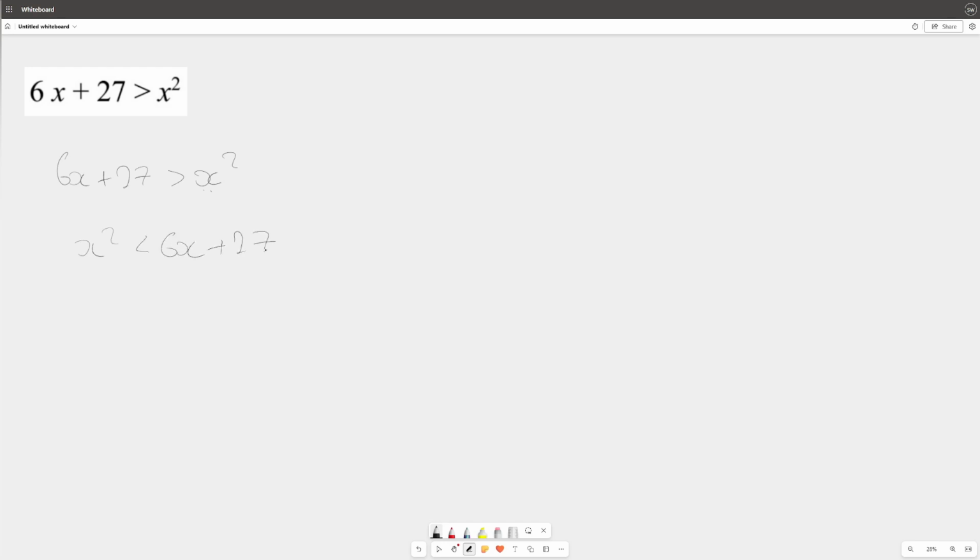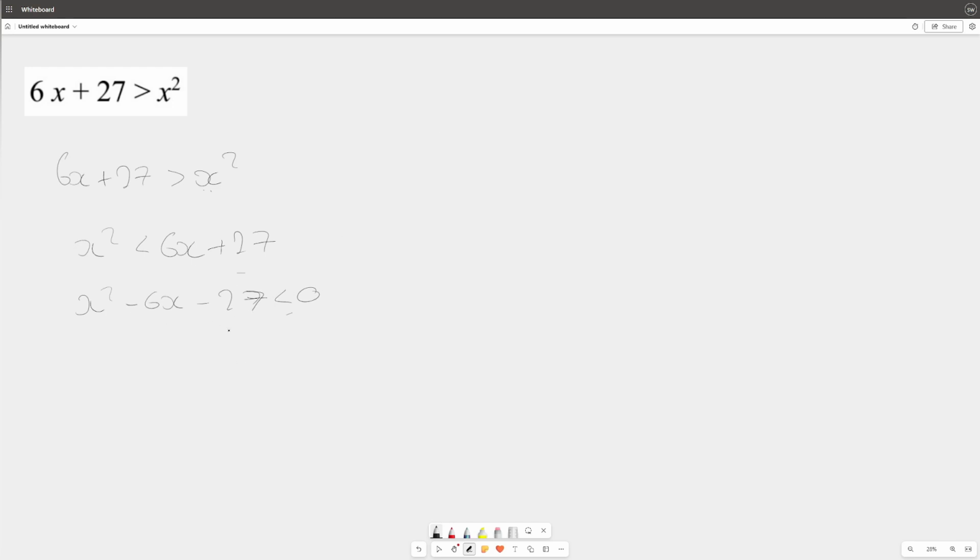I'm then going to subtract 6x from both sides, and I can subtract 27 as well, and that is all going to be less than 0. Now this is looking much more familiar, as one of our previous examples, in comparison to what we started with. And so we can go ahead and solve this.